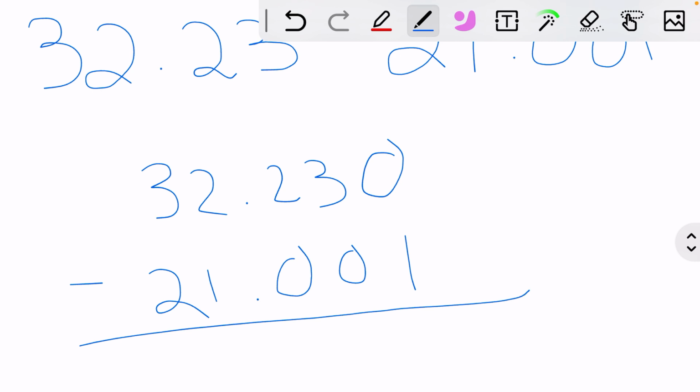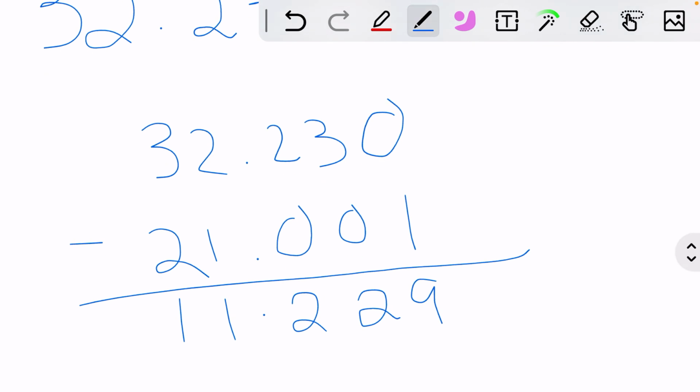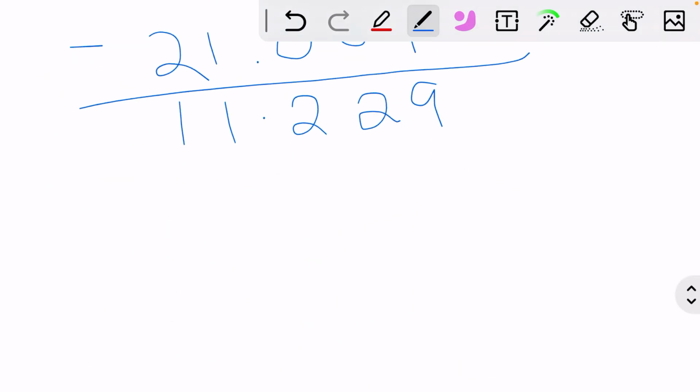So 30 minus 0.1 is going to be 2.9. And 2 minus 0 is going to be 2. 2 minus 1, 1. And 3 minus 2, 1. So the answer, 32.23 minus 21.001, is going to be 11.229.